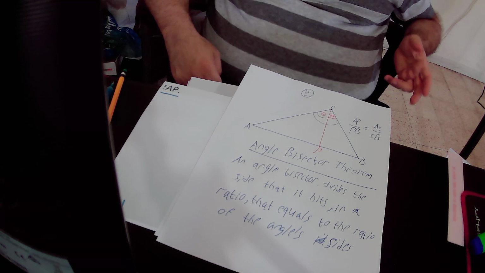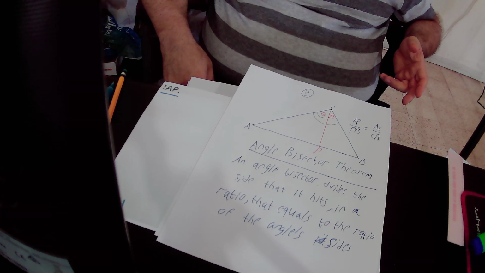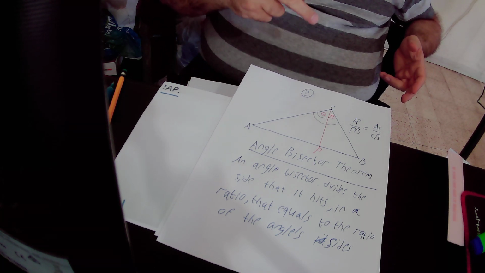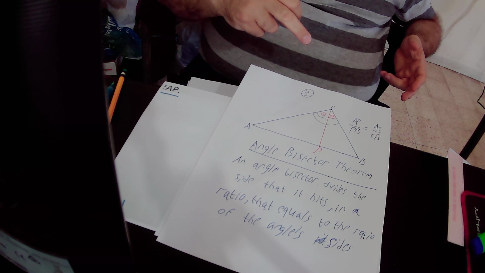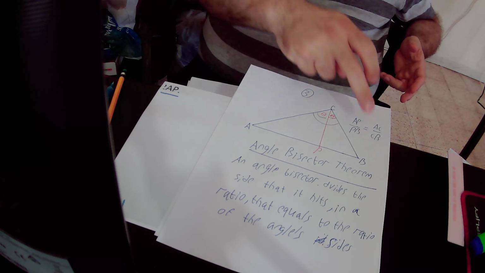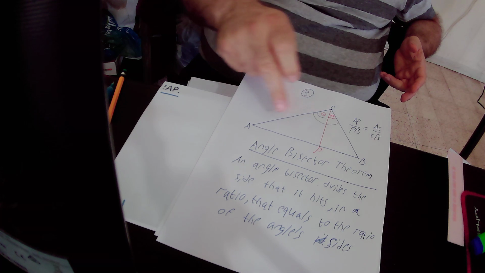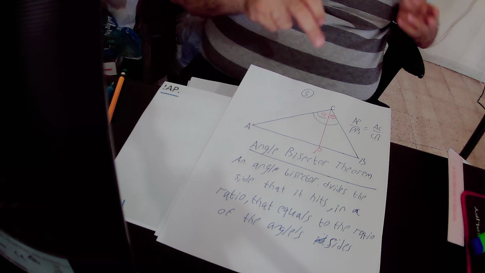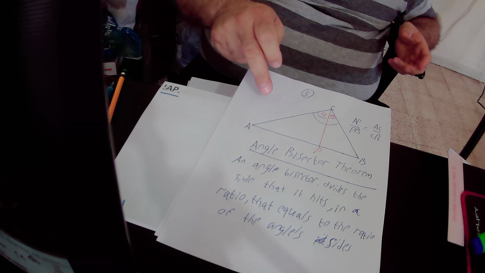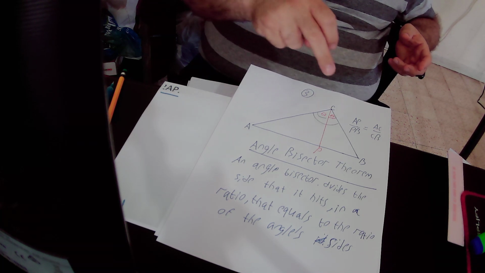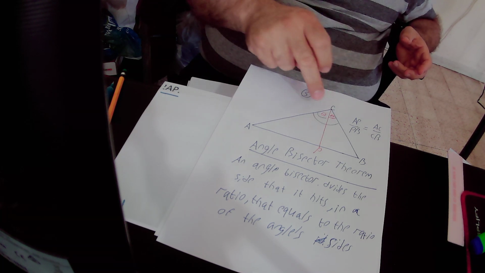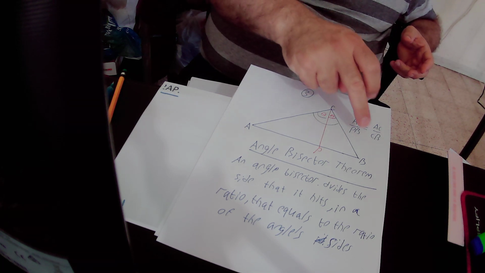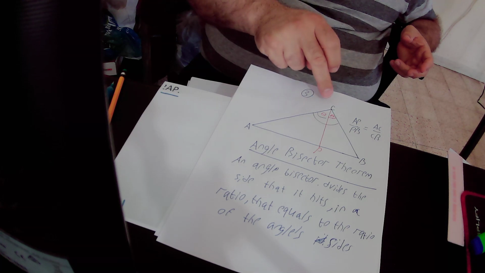Again, an angle bisector CP divides the side that it meets, side AB, into two parts, and the ratio between those two parts equals the ratio of the sides of the angle that is divided into two equal angles. The ratio of these angle sides is AC over CB.